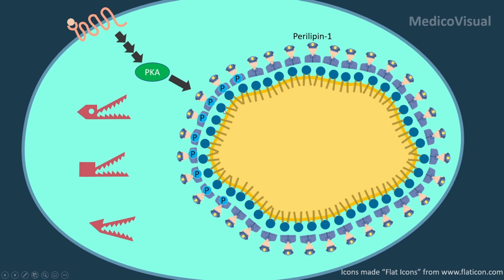I mean, they will be phosphorylated, and of course, the number of guards that will be phosphorylated depends upon the number of protein kinase A that are activated inside the cell, and that depends upon the amount of catecholamines that are stimulating. Of course, there will be a number of cell receptors, and if more cell receptors are stimulated, they will activate more protein kinase A, and more guards will be phosphorylated. Not guards, perilipins. So more perilipins will be phosphorylated.